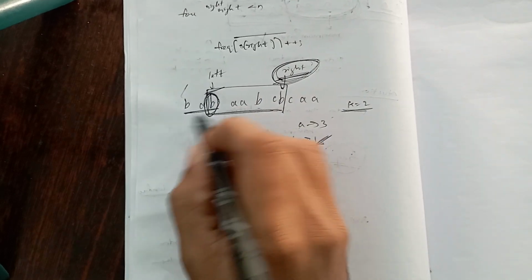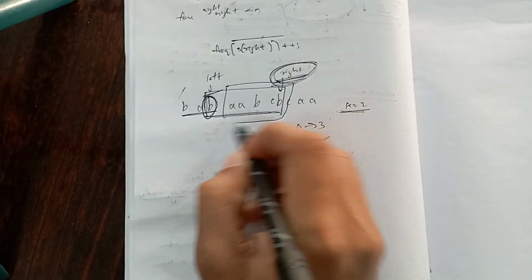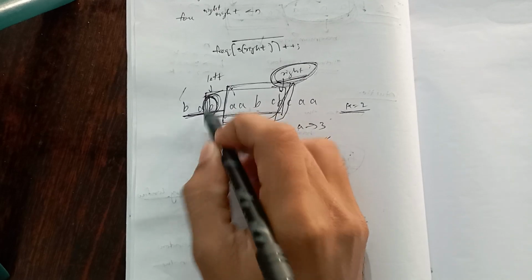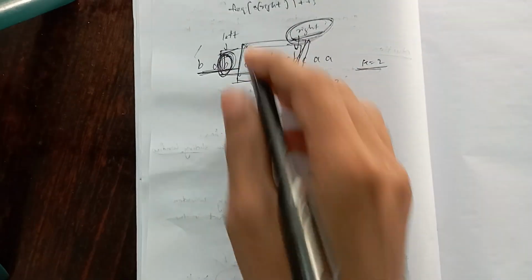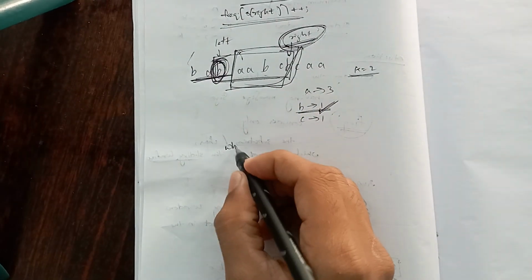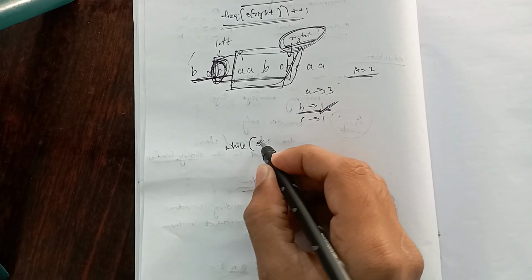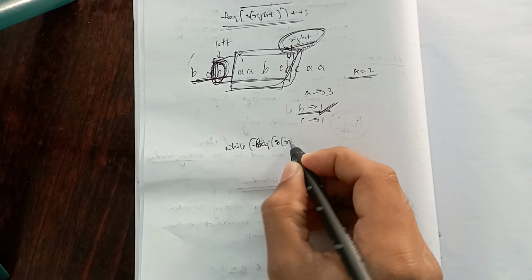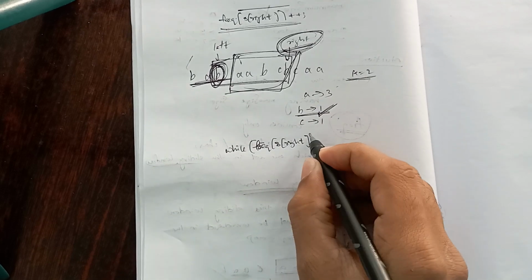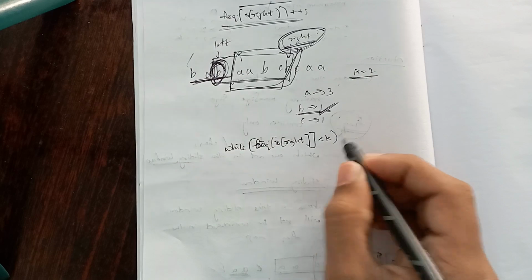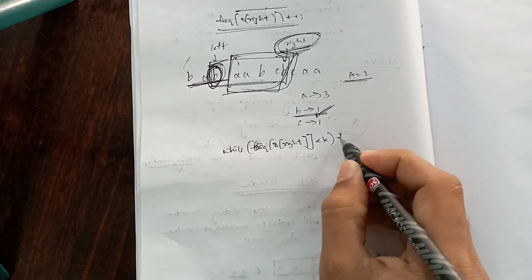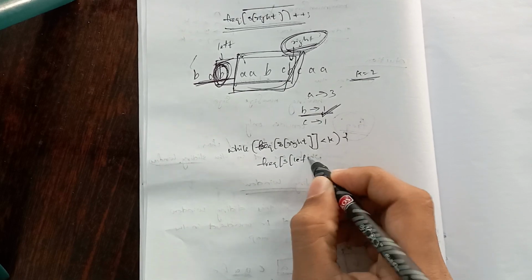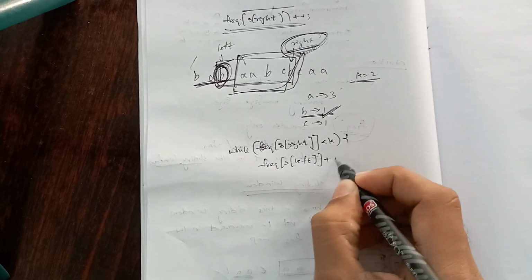That means we are considering this, so we are shrinking our window up to here. We are considering this element in our frequency. So while the frequency of S of right is less than k, we need to shrink our window.